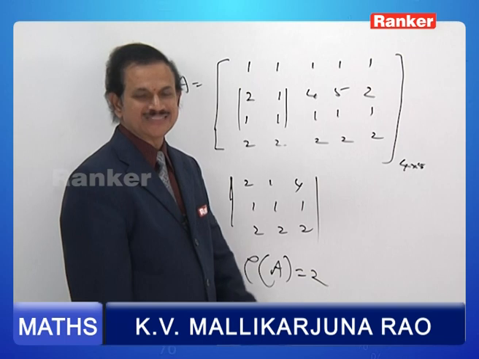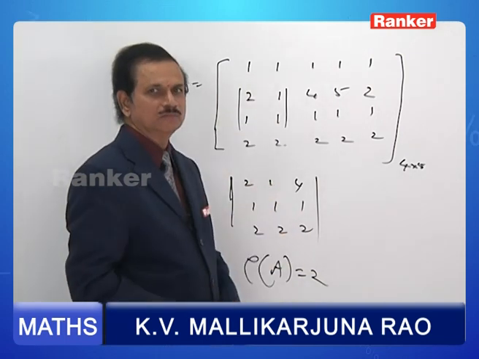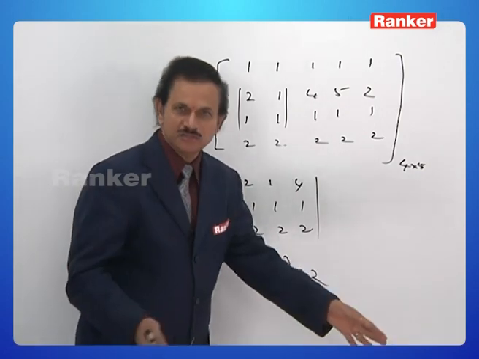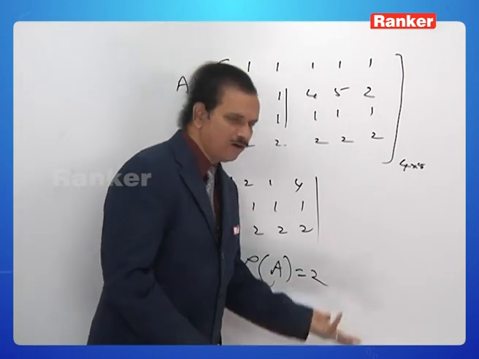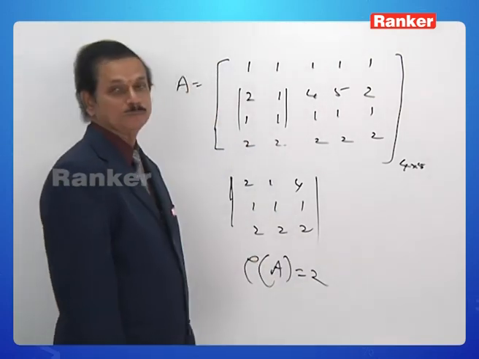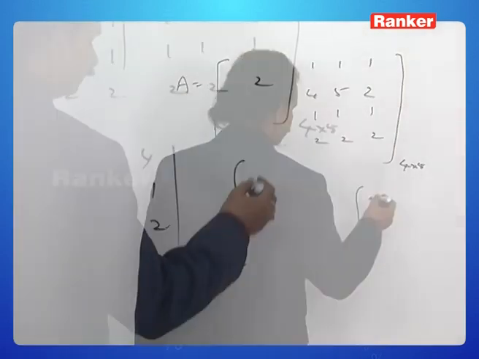Success. Second condition: every minor of order more than 2, means 3 by 3 minors are all zeros, 4 by 4 minors are all zeros. Therefore, rank is 2.